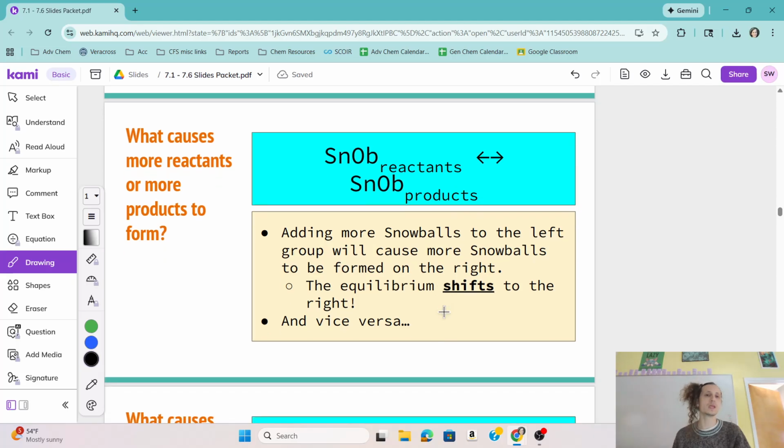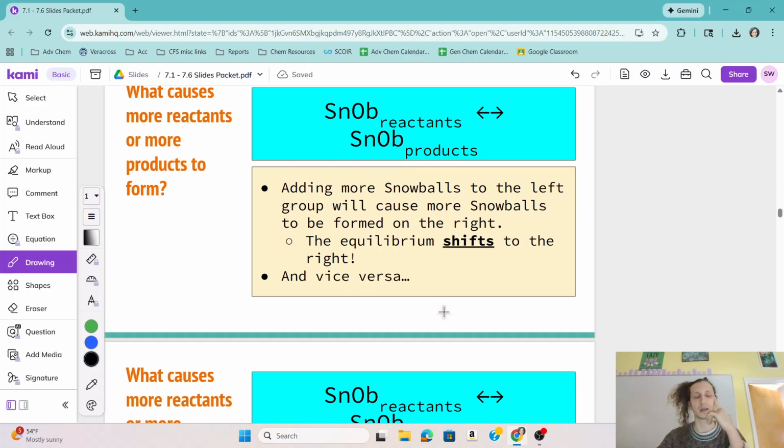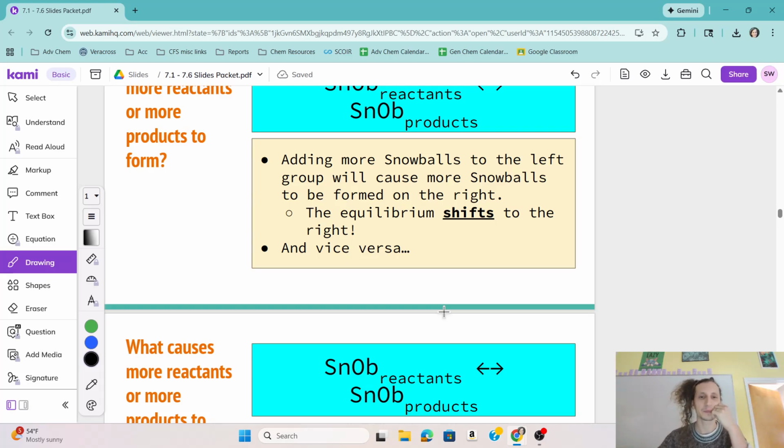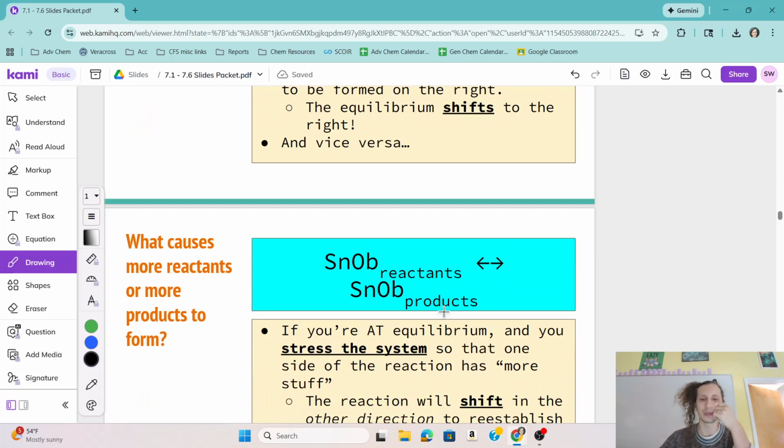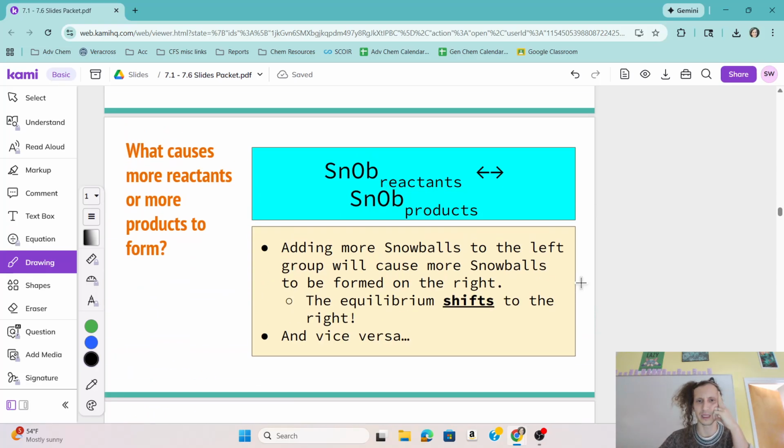Okay. So when do we have more reactants or more products? We saw a couple different things in the snowball activity, things that shifted the position of equilibrium, and that's something we say a lot, the position of equilibrium. I'm not really going to go over this, just thinking of moving the snowballs from the reactants to the product side.